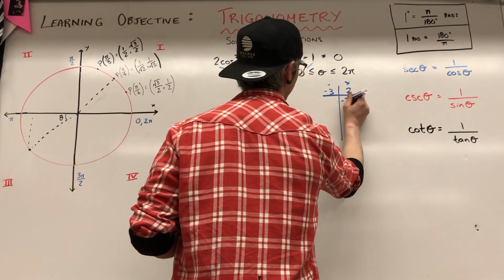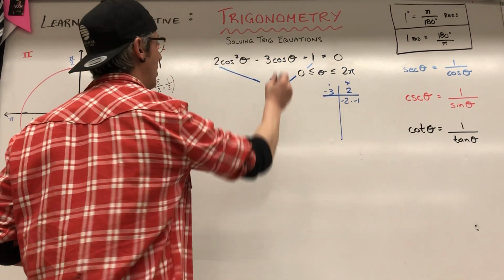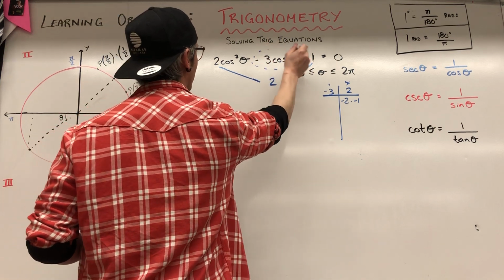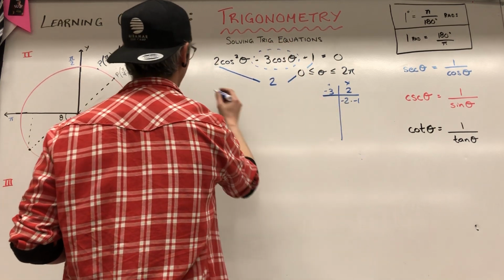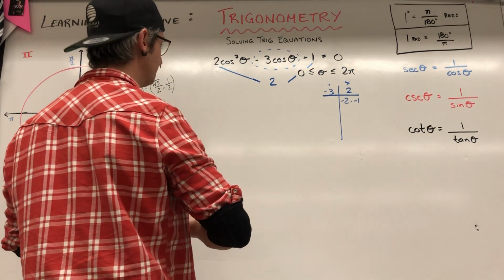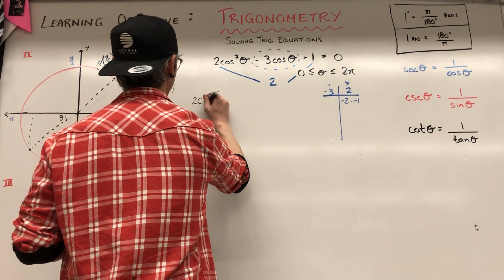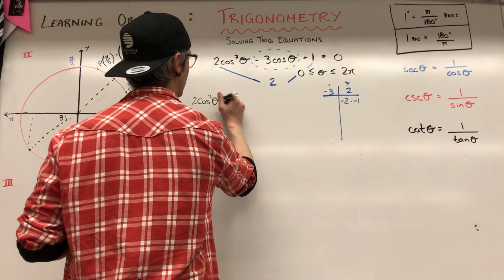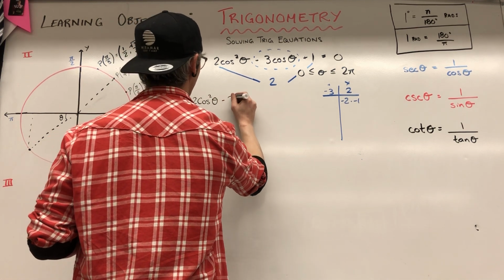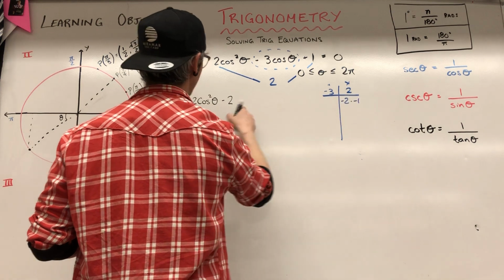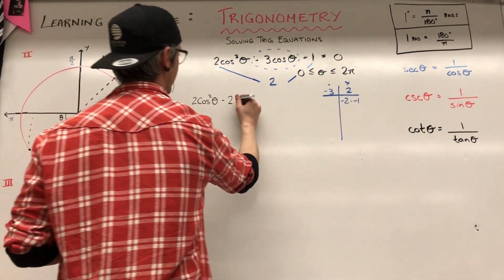And clearly those are negative 2 times negative 1. So now I'm going to replace my middle term as a sum of these two. So in doing so, I get 2 cos squared theta minus 2. It doesn't matter what order I put them in, but one order will always factor nicer.